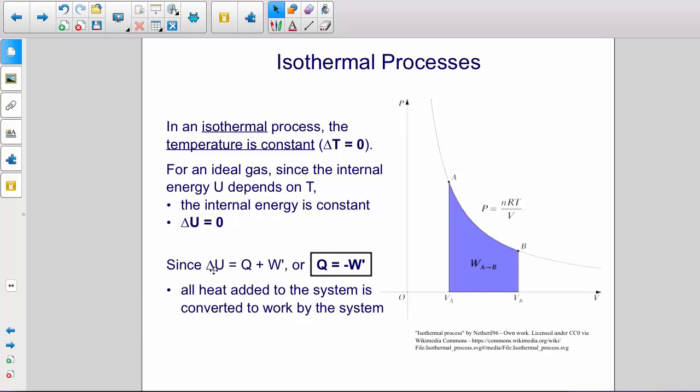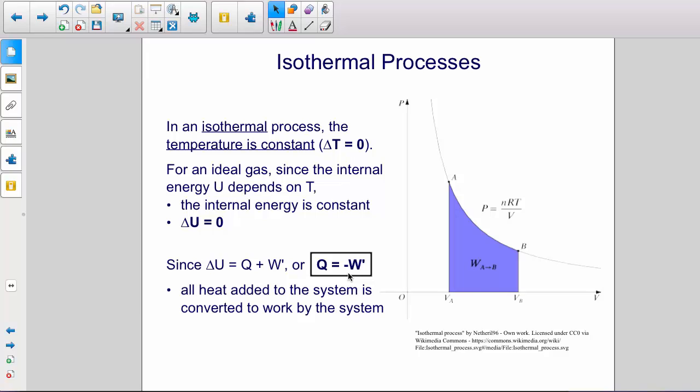If we put this into the first law of thermodynamics, that the change in internal energy is the heat applied to the system plus the work applied to the system, we find that 0 equals Q plus W prime, or the heat that goes into the system equals negative work done on the system.